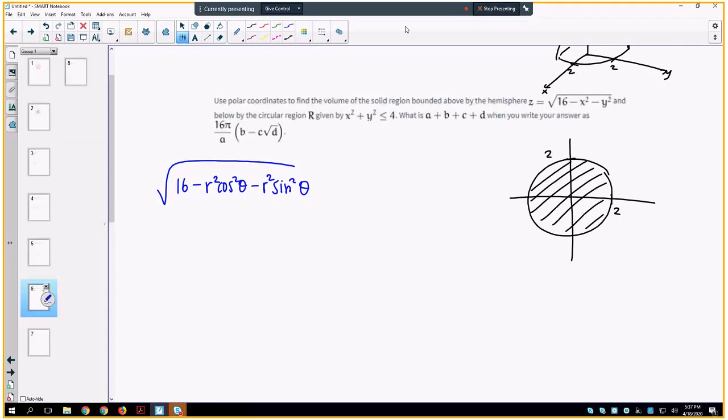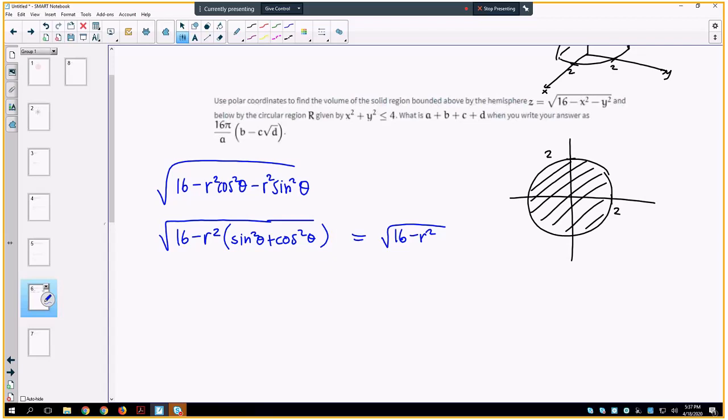And when I factor out r squared, I get 16 minus r squared, and what's inside is sine squared theta plus cosine squared theta, which of course is 1. So it's just 16 minus r squared. And that's nice. It's nicer than 16 minus x squared minus y squared. So that's the function I'm going to be integrating.